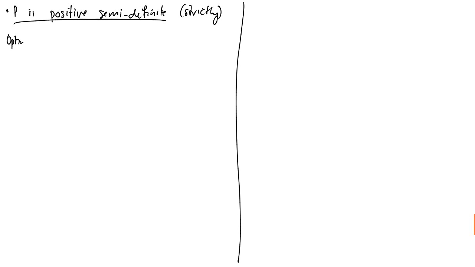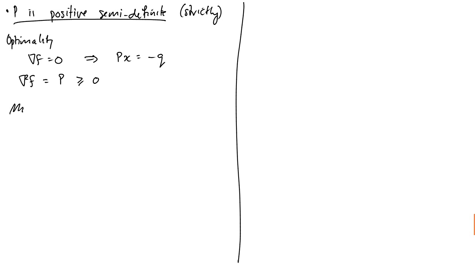So optimality means grad f equals 0, which implies Px equals negative q, and the Hessian is positive semi-definite, which is satisfied by definition. The Hessian, don't forget, for a quadratic form is just P, has to be positive semi-definite, and it is.